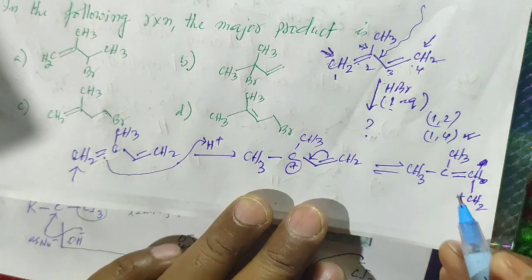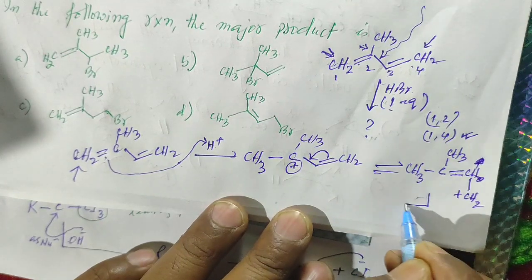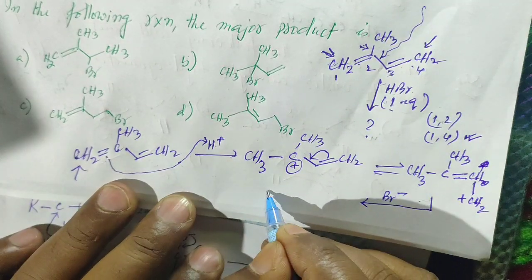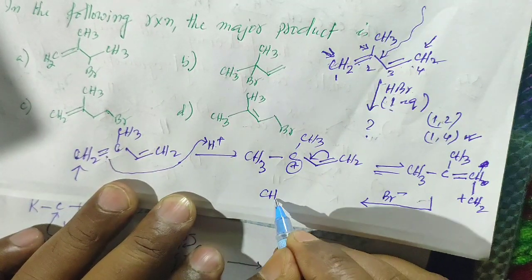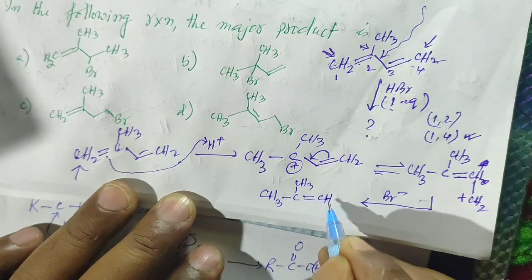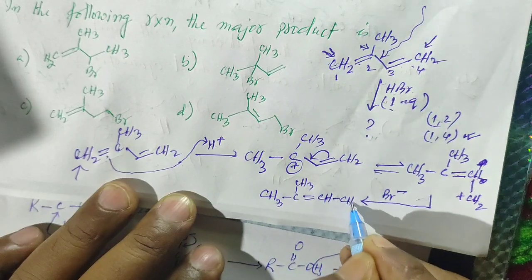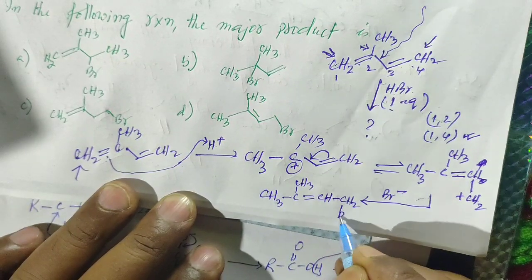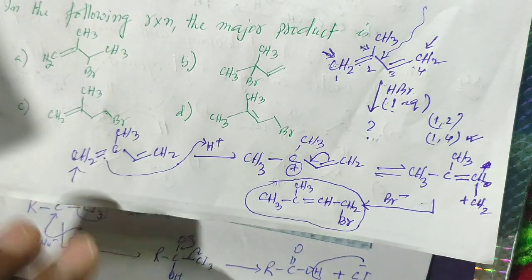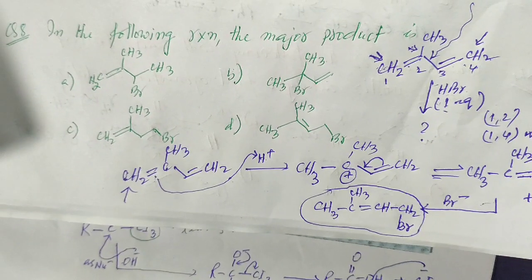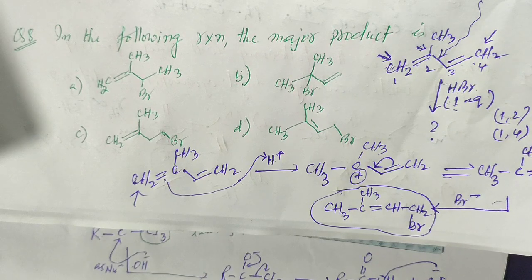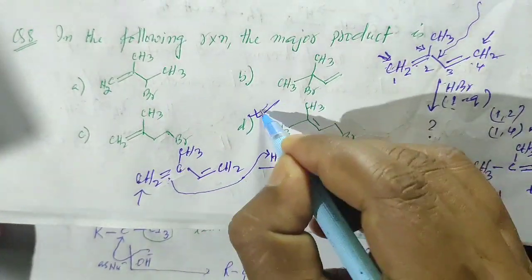Okay, now in this intermediate Br minus will be added, so we will get CH3 C, CH3 double bond CH, and CH2 will have this bromine. So this will be our final product. Let us choose this from the options. I think D is the answer.